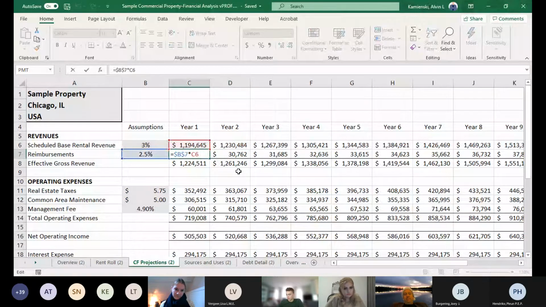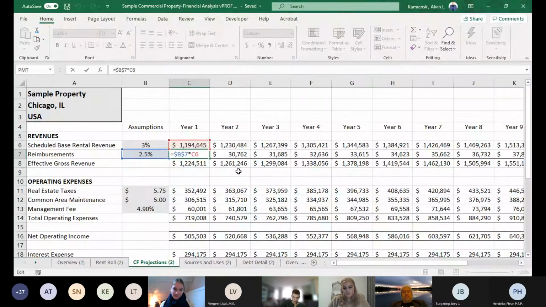Then, as it related to reimbursements, what we realized is that in any given year, whether it's for utilities, snow plowing, or some change in taxes for that year, there's always going to be a minor percent of our revenue base that we recapture as a percentage of total rental income.